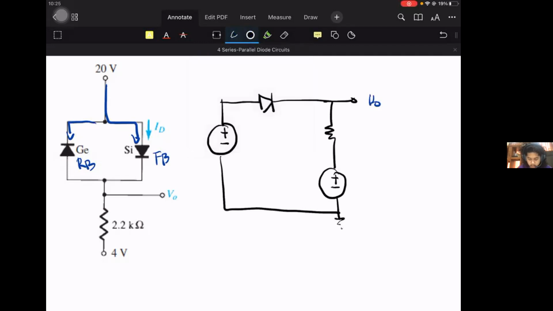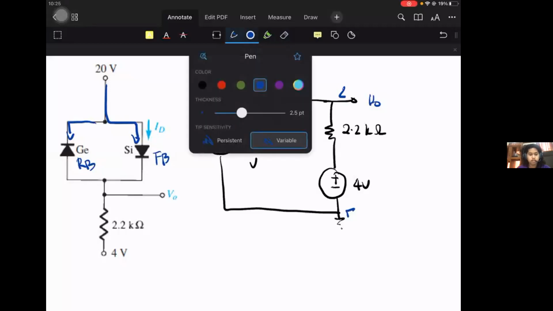So 20 volts, silicon, 2.2K, 4 volts. In this case, the total VO would be from this point to this point. Sorry, 20. Thank you.